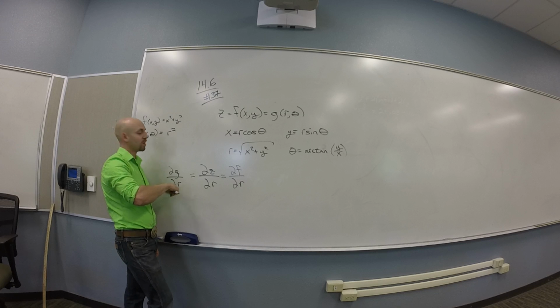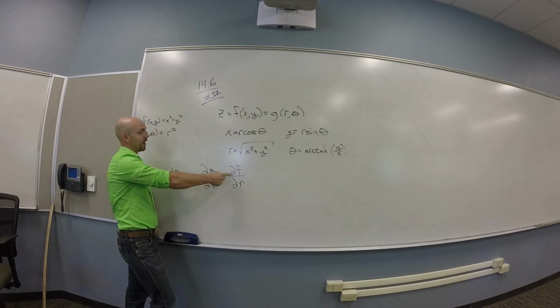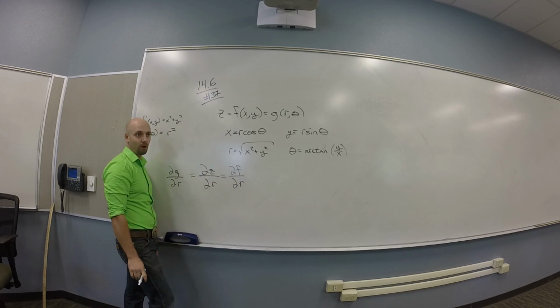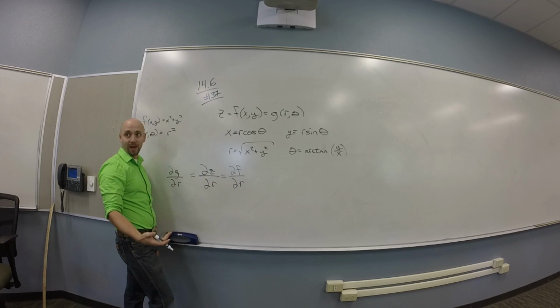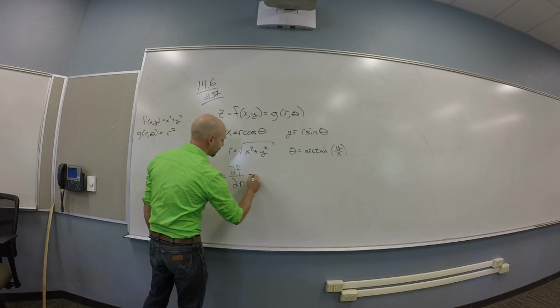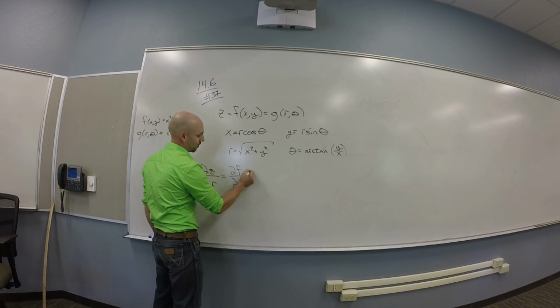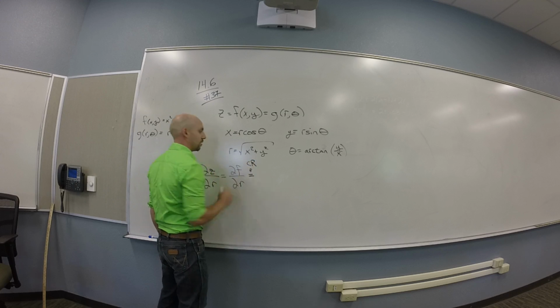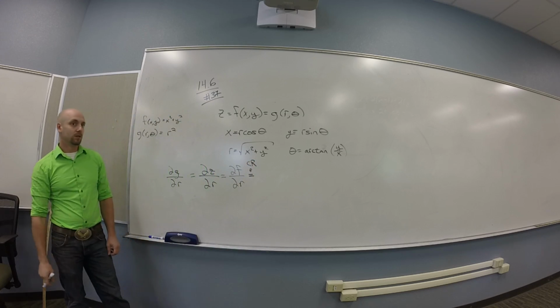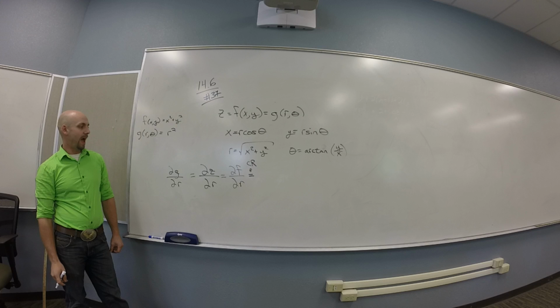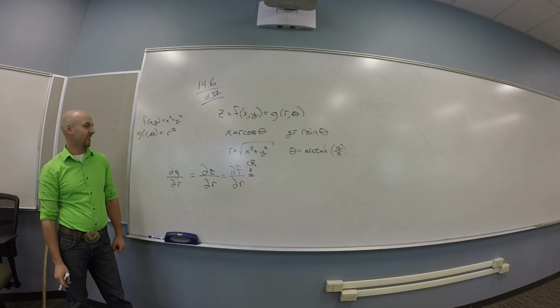That's cool. But this one is not just a straight partial because f doesn't depend on r except through x and y, right? So this is my chain rule step. When I chain rule f with respect to r, what do I get?